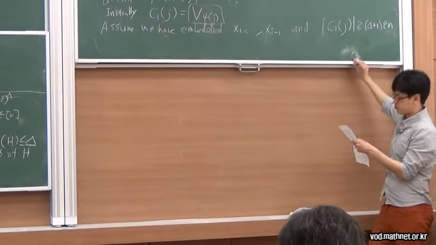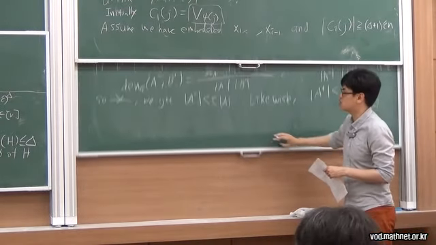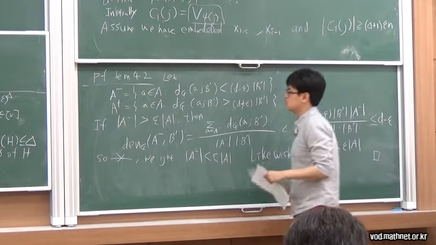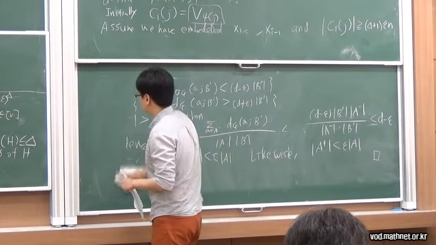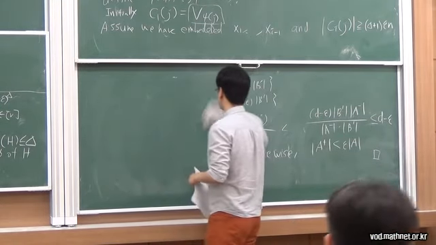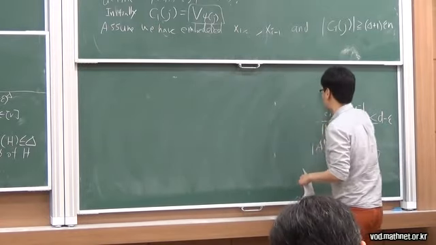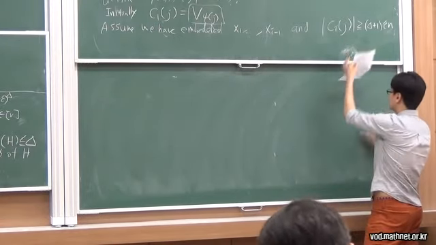Then we want to show that there is a choice of B sub i, which is the image of X sub i, so that it doesn't shrink any other candidates too much.